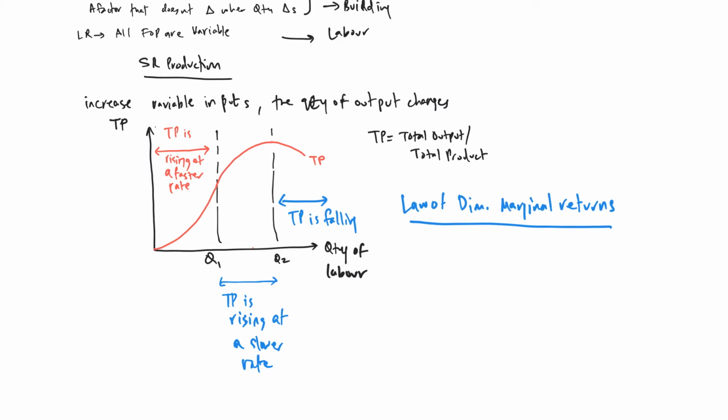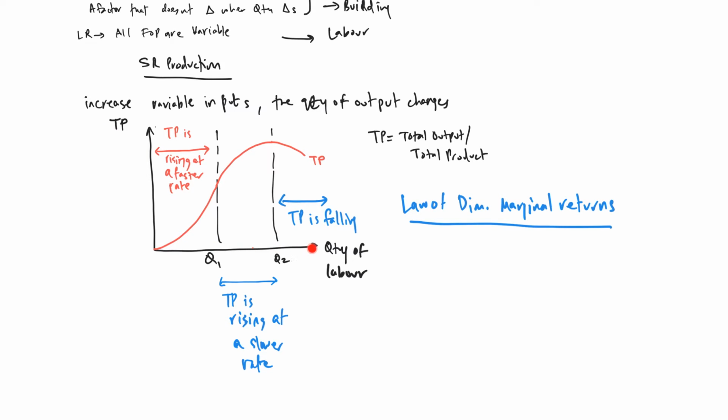I'm not increasing my quantity of output, I'm increasing my quantity of labor here. Sorry for that. So that's why I'm increasing my variable input, and that is changing my quantity of output. TP is your quantity of output.